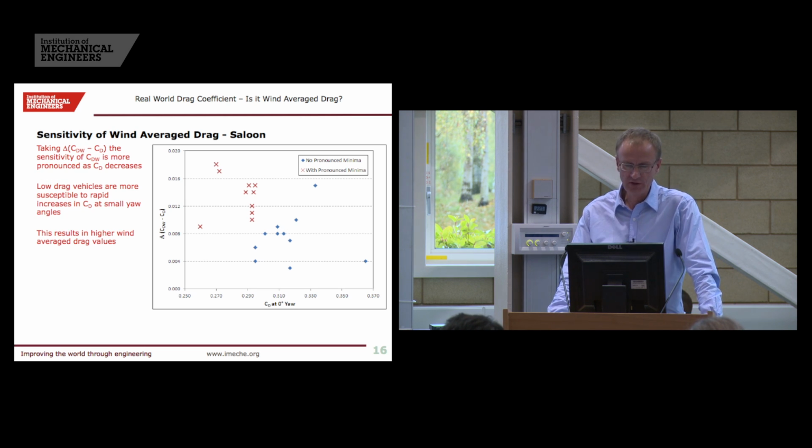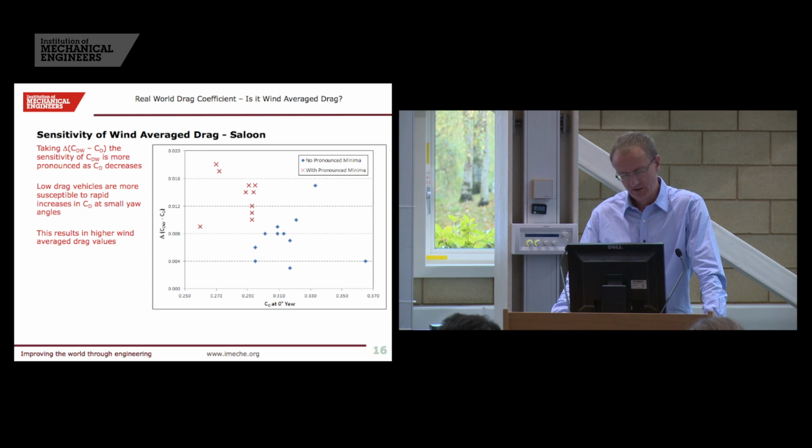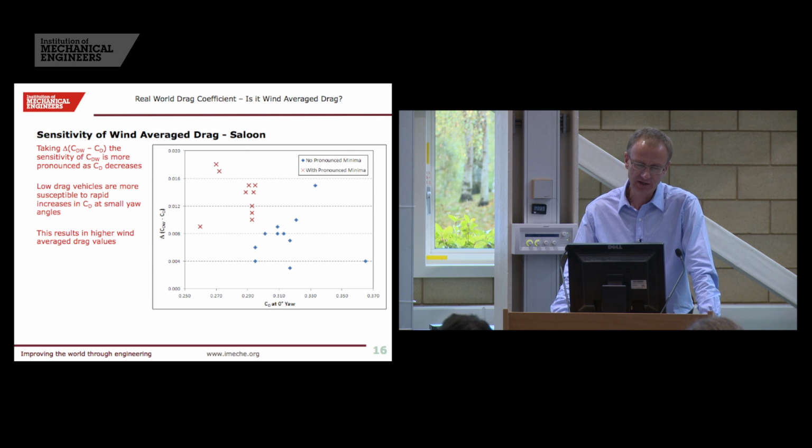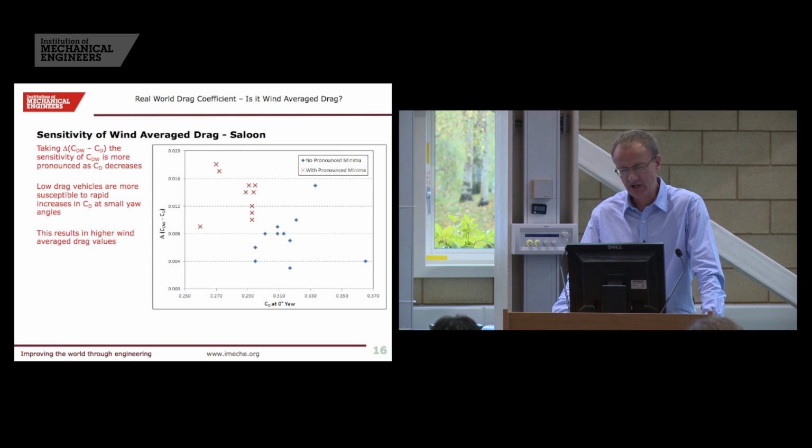So going back to the saloon case, what I've tried to do here is look to see whether this distinct pattern of very pronounced minima, versus those cars without the pronounced minima, actually makes the difference. So here I've plotted wind average drag, minus the CD at the straight ahead, plotted against CD at 0 degrees yaw.